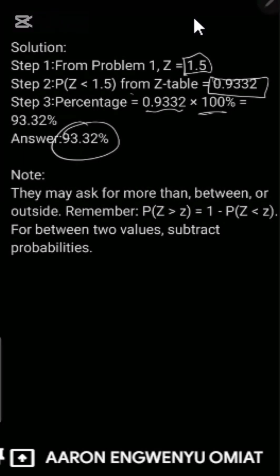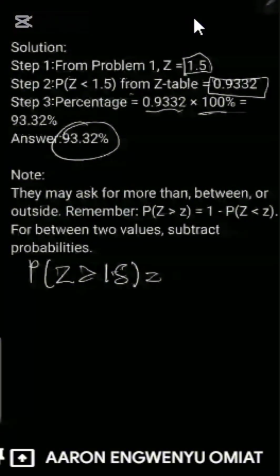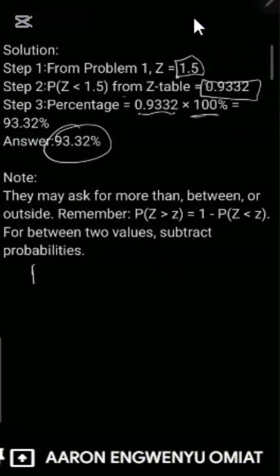So if you have to convert, like in our first example, let's say probability of Z greater than 1.5. What we calculated was probability of Z less than 1.5. And now if they ask for probability of Z greater than 1.5, we shall say 1 minus, let me sketch for you first.